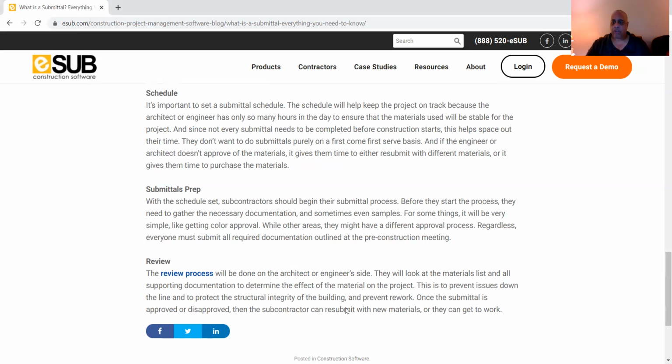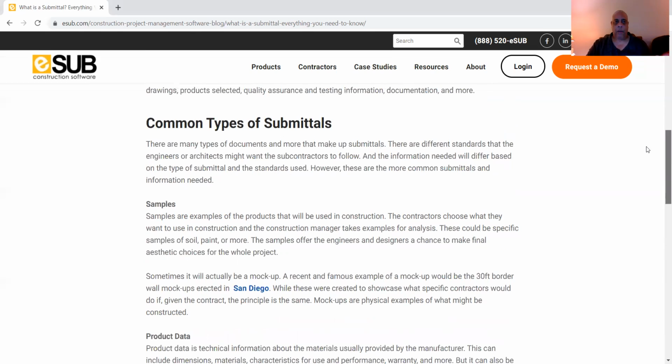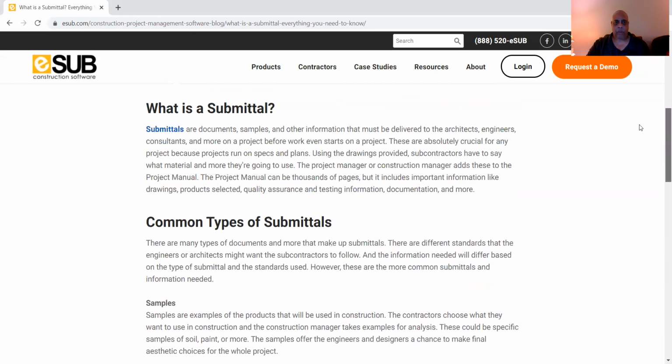But nonetheless, when you're doing projects, you must have submittals because once again, when we deal with a submittal, they're basically documents, samples, and other information that must be delivered to the architects and engineers and consultants and more on a project before work even starts.